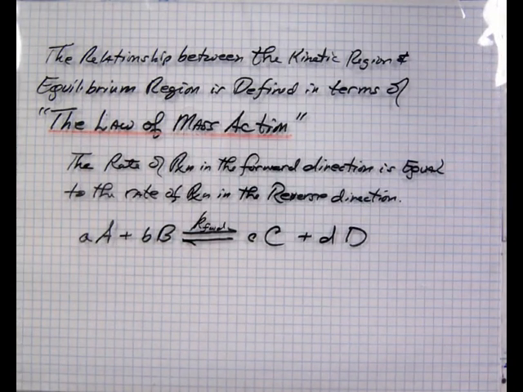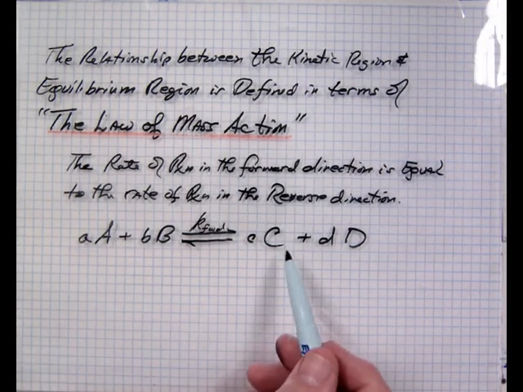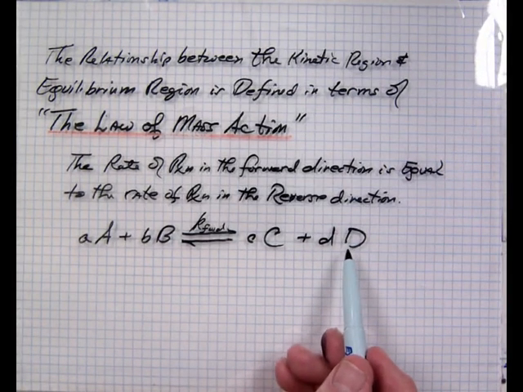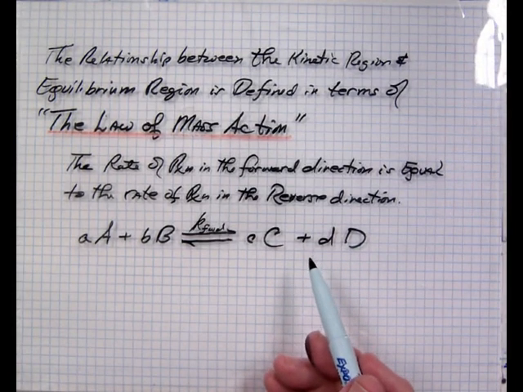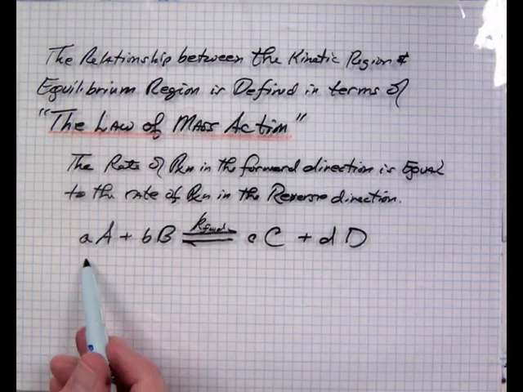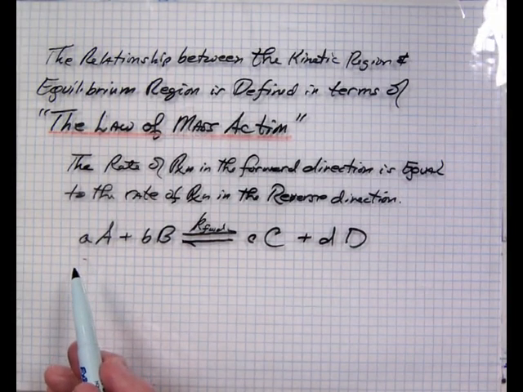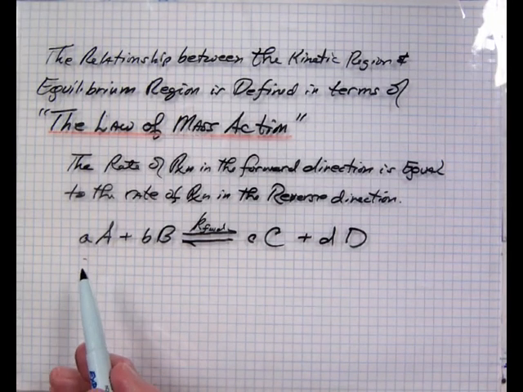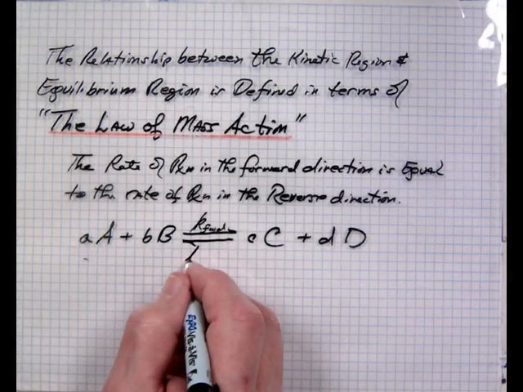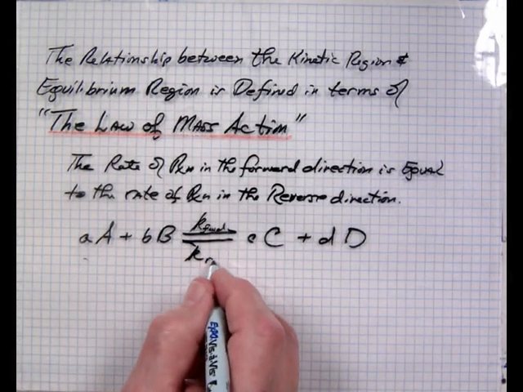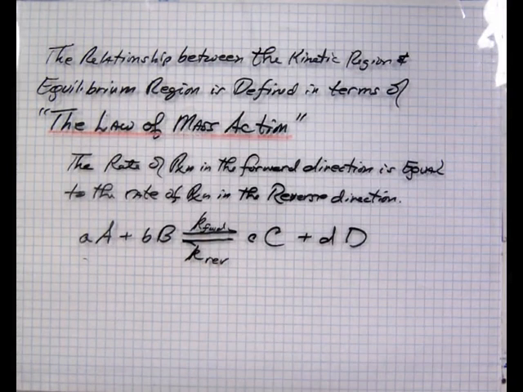It will be proceeding forward. If we're considering the CD side of the equation going through reaction from right to left, we refer to this as the rate reverse, right here.